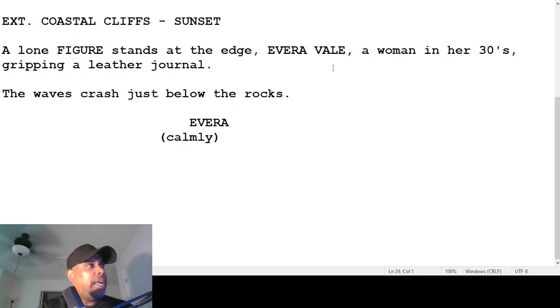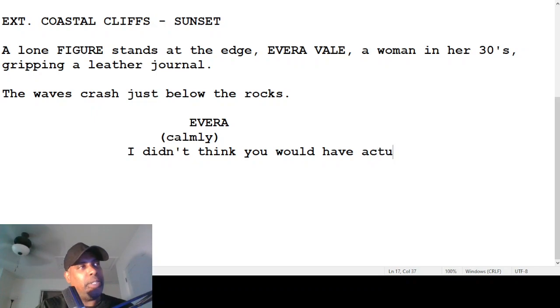All right, so we have Avera as introduced. She's calmly standing there, calmly. I didn't think you would have actually shown up here.